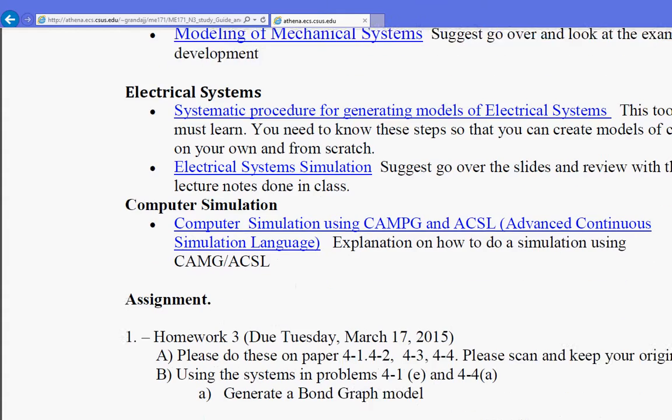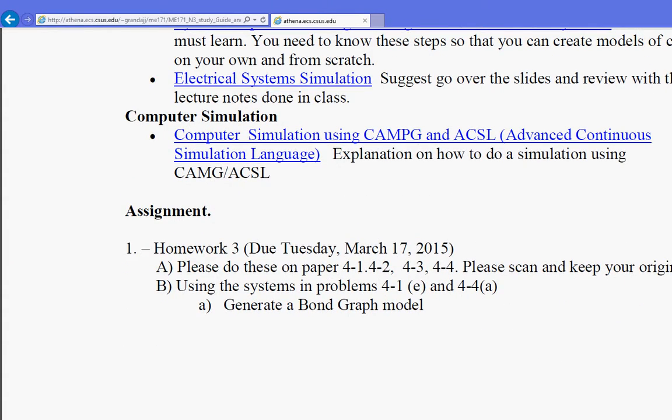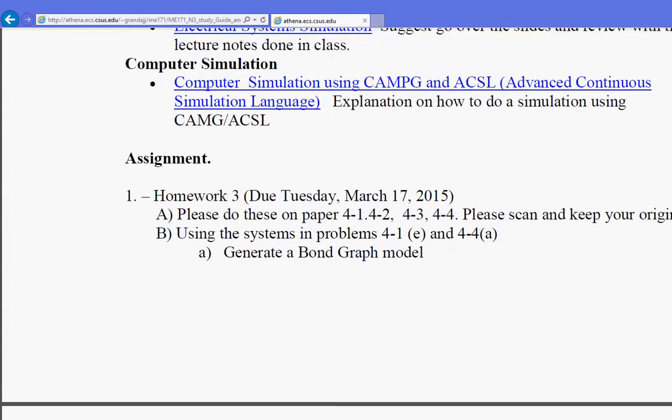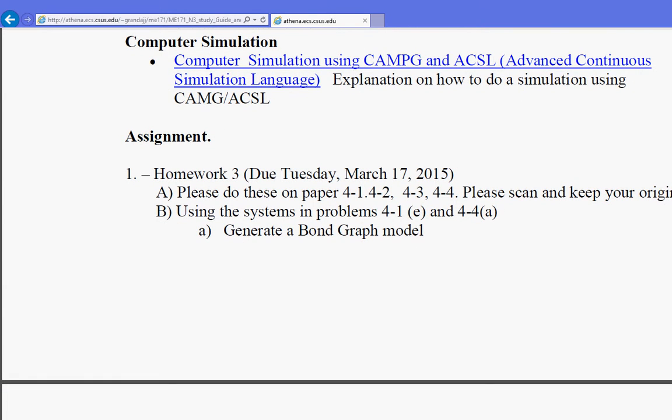So we'll look at the links in a moment, but the assignment here, homework number 3, would be due on March 17, a week from today. You have these problems to do, and then I'm asking you to generate the entire bond graph model of the system.